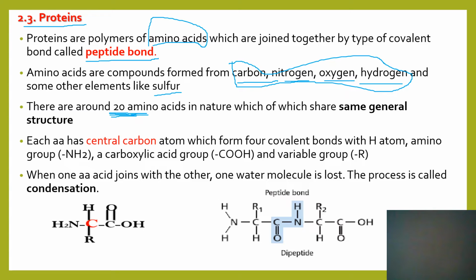For example, this is the general structure of all amino acids. This is the central carbon. The central carbon is bonded with 4 different groups. The first is the amino group, which is bonded with the central carbon, or you can say the alpha carbon.